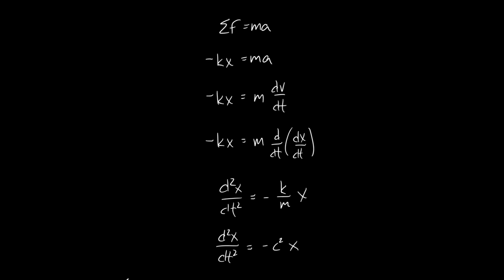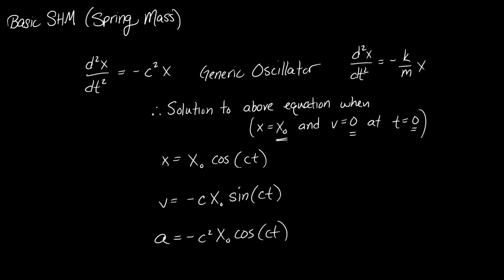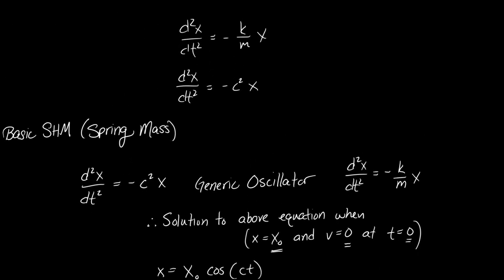So the first thing I want to do is apply that to the spring mass oscillator. We know from what we just looked at that the spring mass oscillator has a value for C that is equal to the square root of K over M. That's just from looking at that relationship and seeing where the constant is.